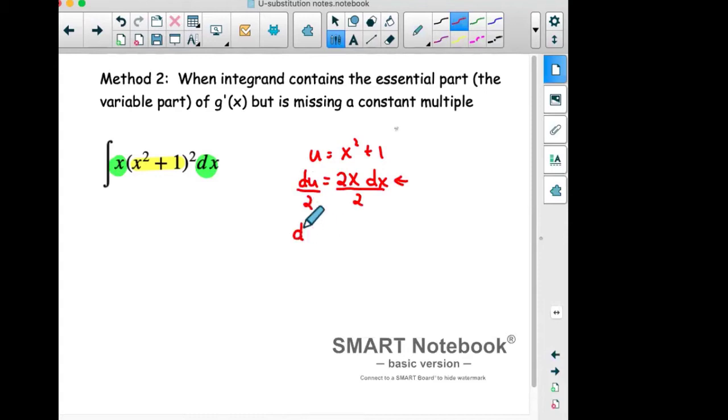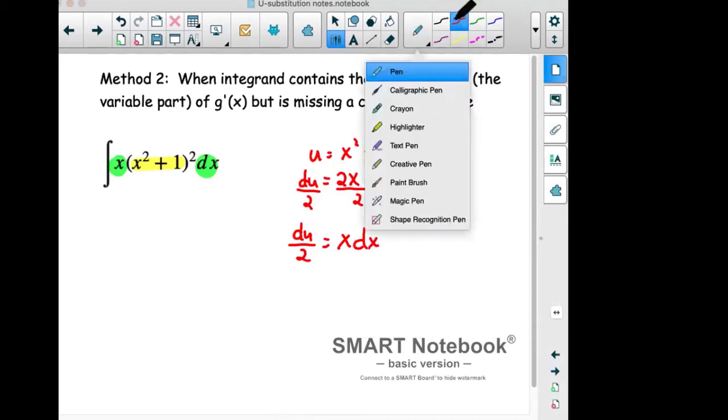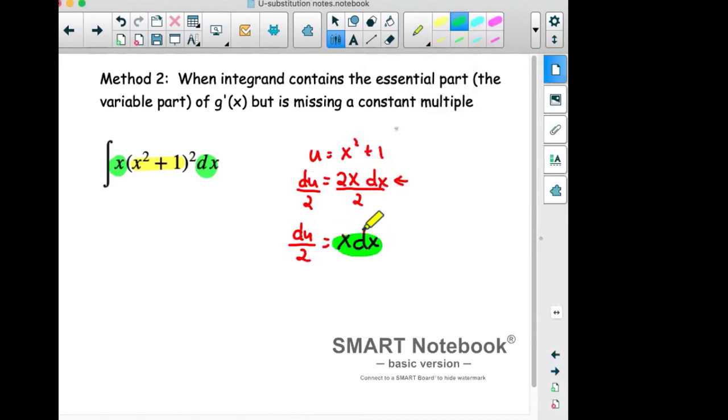And so now I get du divided by 2 is equal to x dx. And now what I have over here is equal to this part here. So I might need to rewrite this derivative equation so that I can substitute it into my original function.